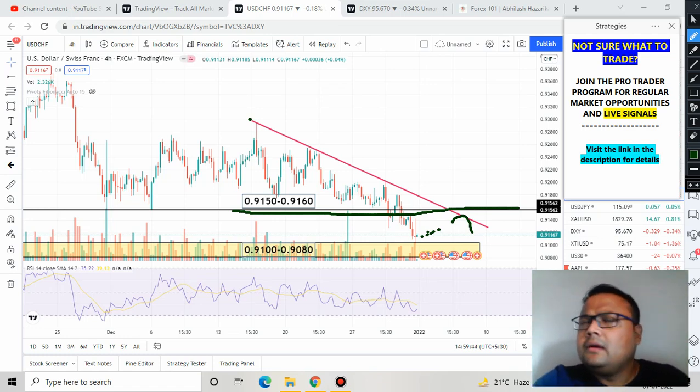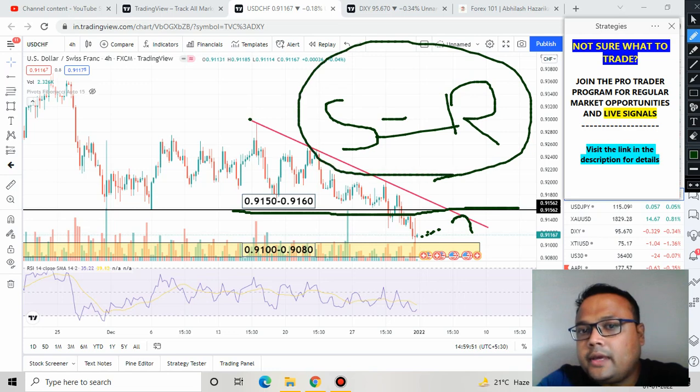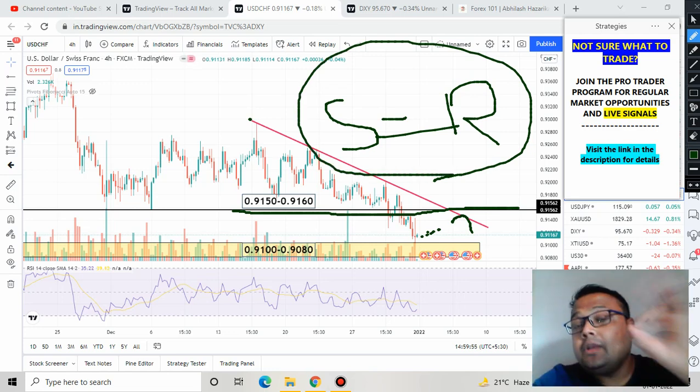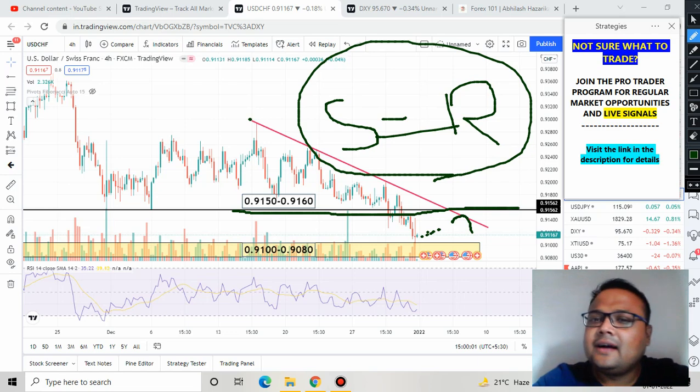Therefore we can assume that the support will be the new resistance in the market. So 0.9150 to 0.9160 will be acting as a new resistance, and if the market goes up in the coming days, then there is a possibility of the market reversing from this level.